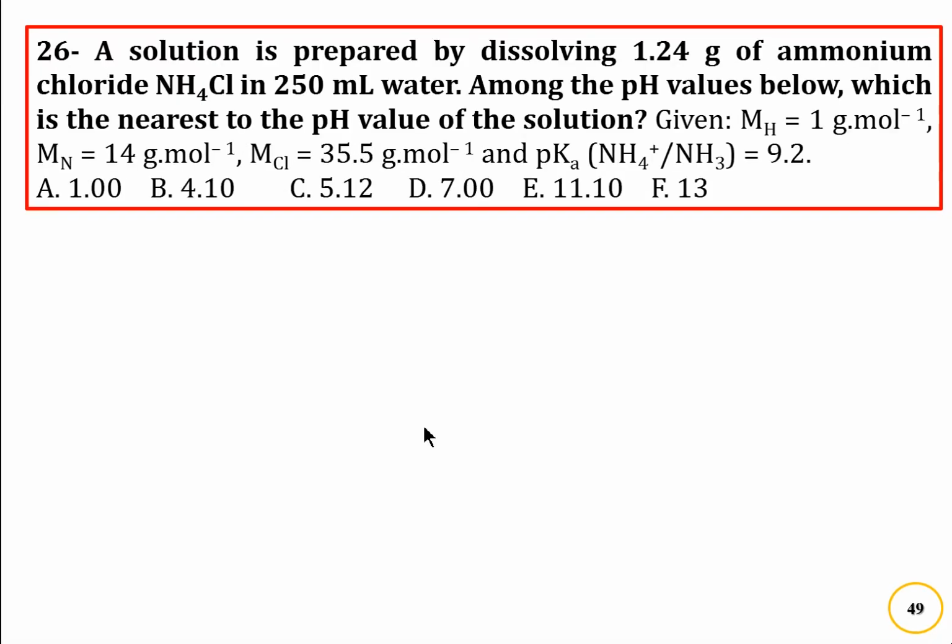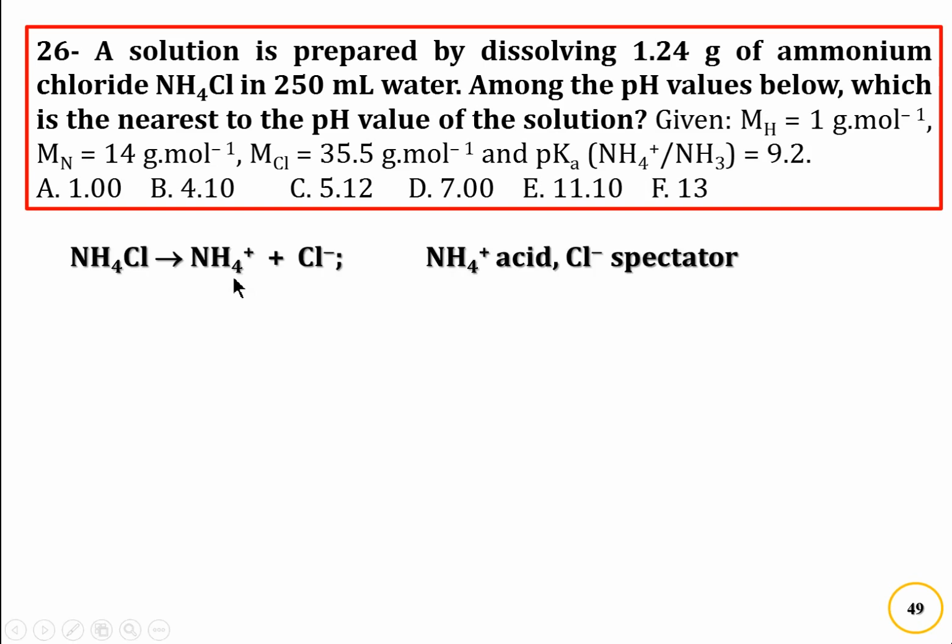Exercise 26. A solution is prepared by dissolving 1.24 grams of ammonium chloride, NH4Cl, into 150 ml water. So we have to calculate the pH of this solution. First, NH4Cl is a strong electrolyte that dissociates completely to NH4 plus and Cl minus. NH4 plus belongs to the conjugate acid-base couple NH4 plus/NH3, so NH4 plus is an acid.